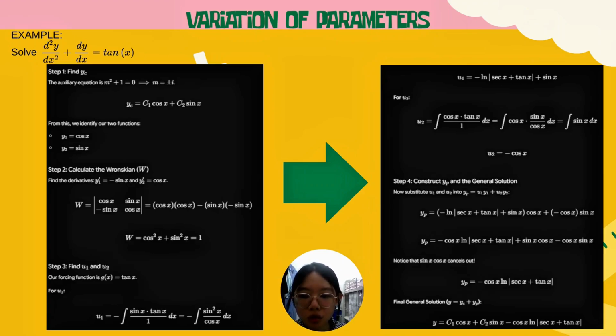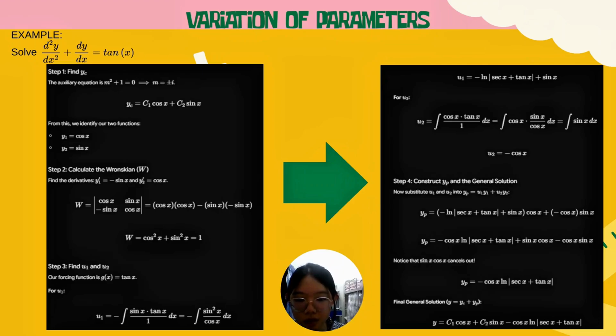For u2, it must be the integral with respect to x of cos x times tan x over 1. And we get u2 equals negative cos x. Step 4, construct the particular integral and the general solution. Now substitute u1 and u2 into the particular integral, which equals u1 times y1 plus u2 times y2.